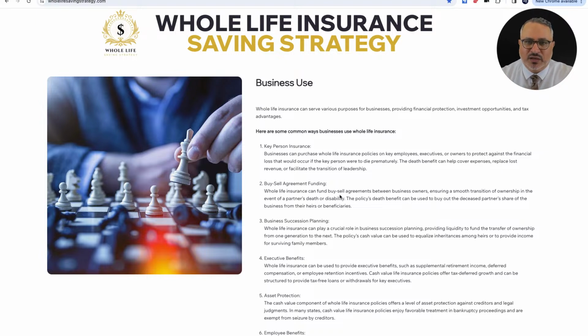So through a buy-sell agreement and using a properly designed whole life insurance policy, you can create that fund to fund a partner buyout, which makes things move a lot more efficiently. It could probably save the relationship between you and that person, and it definitely would minimize any hardship or reduction in cash flow from the business, because that money would be coming from the policy.